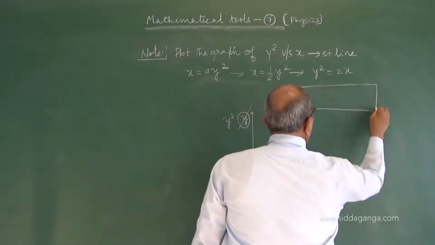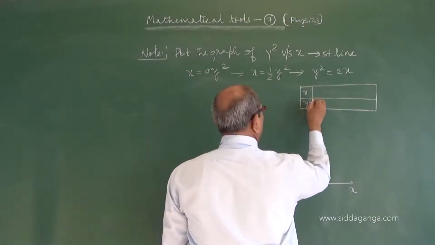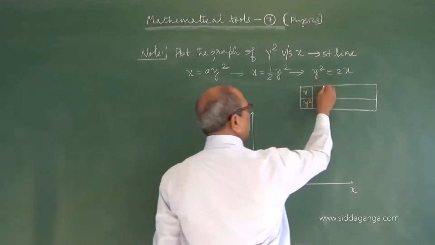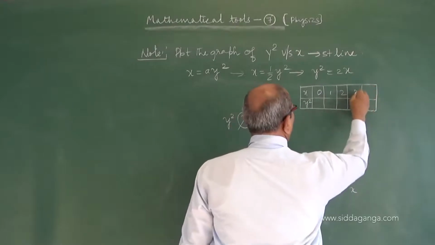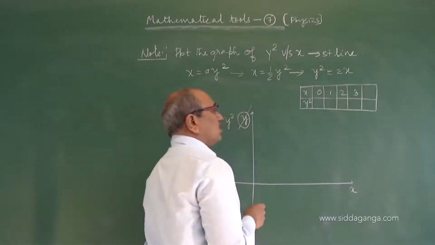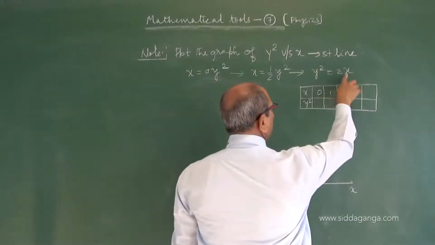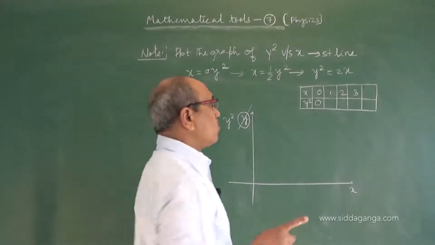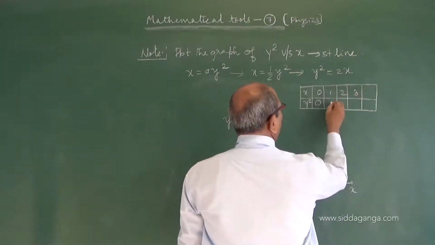Let us come to the points x and y square. X and y square: 0, 1, 2, 3. Let us see. If I put 0, y is also 0. If I place 1, y square becomes 2.